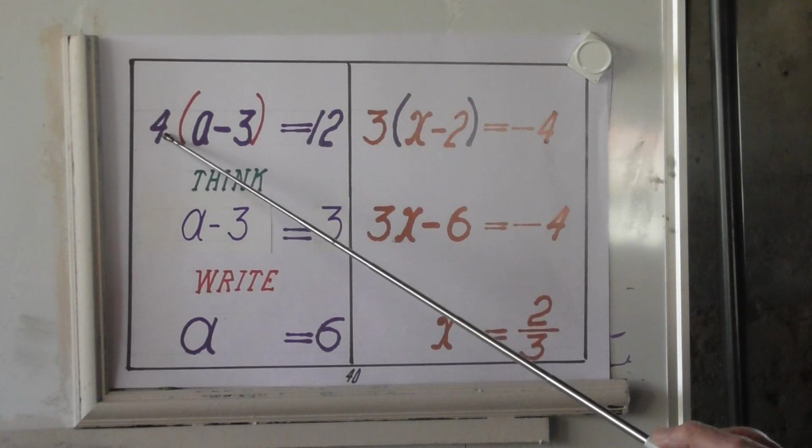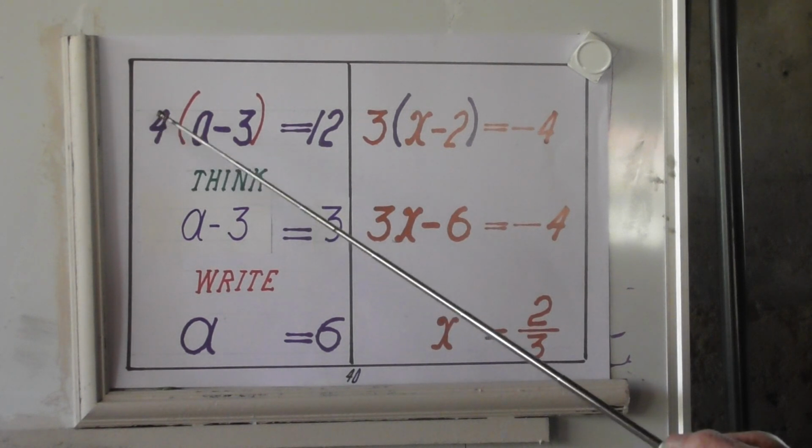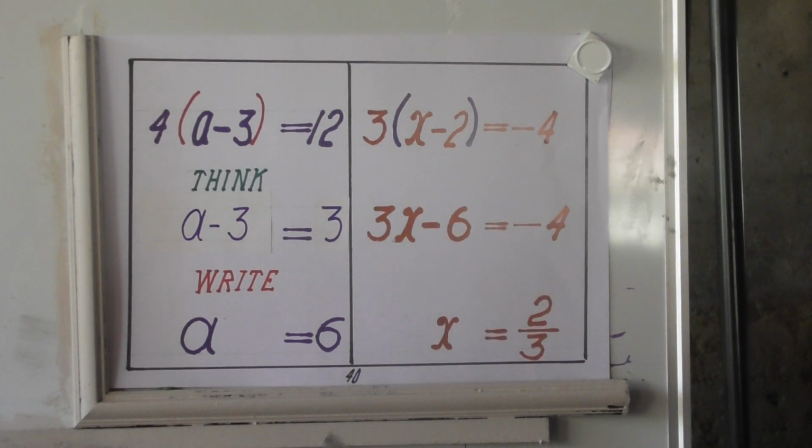Here, 4 goes into 12. Another way of saying is, 12 is divisible by 4. Now, negative 4 is not divisible by 3. Evenly, I mean. So we have to first work this out.